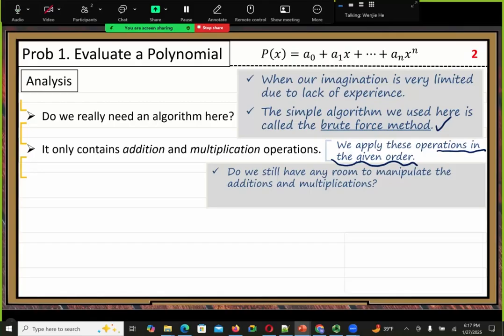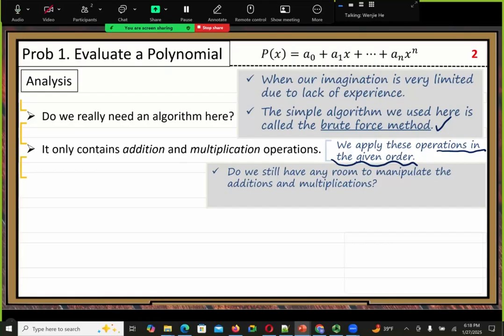Here, I only ask you at the abstract level. The concrete level is a little hard, because it's hard to imagine how to do the evaluation in different order. But at the abstract level, a high level consideration, by logic, we can try different order of evaluation.